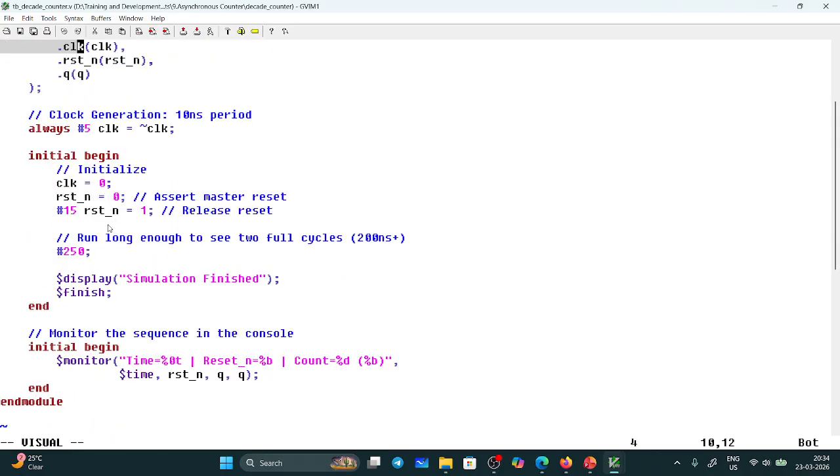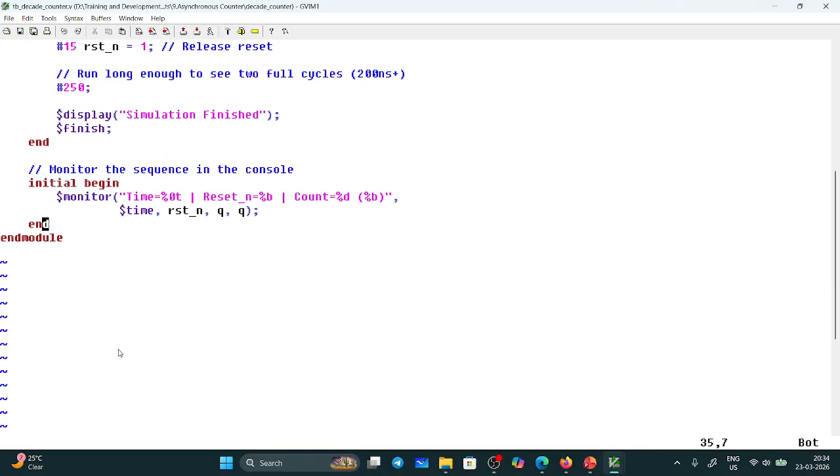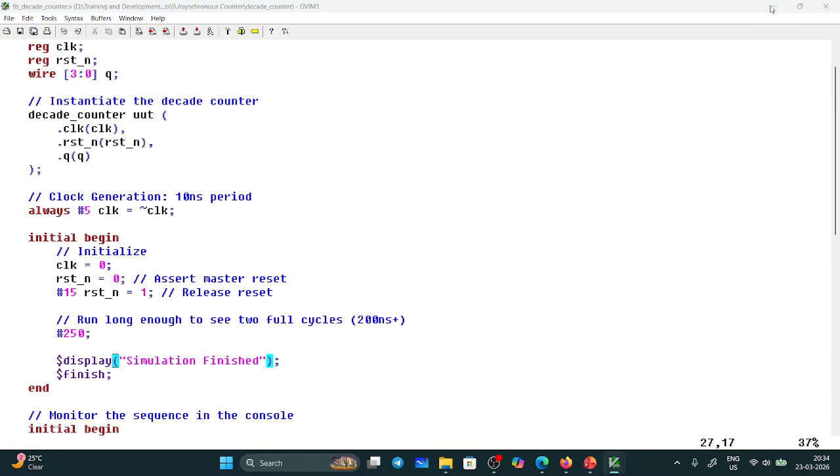After 15 time units, I'm deasserting the reset. I need to run for 250 time units. Why? Because if I want to run for 2 full cycles, around 200 nanoseconds will be there. So I'm running for 250 nanoseconds. $finish means finish the simulation. $monitor means I want to see the outputs in the Tcl console. I'll use $monitor and endmodule. So this is about the decade counter.